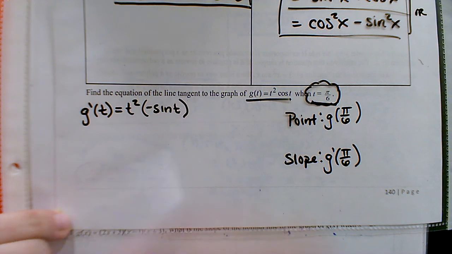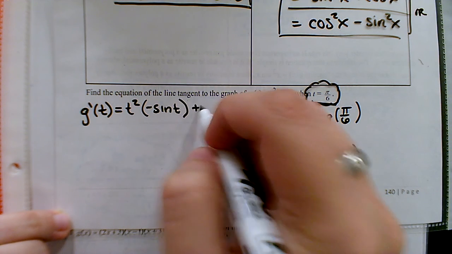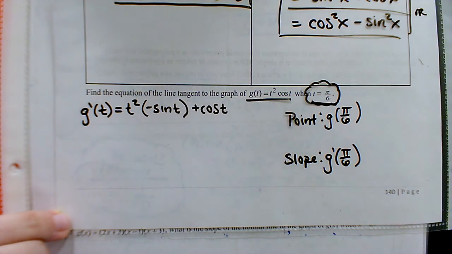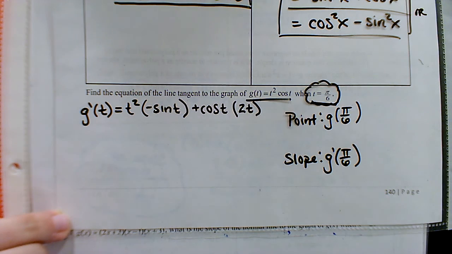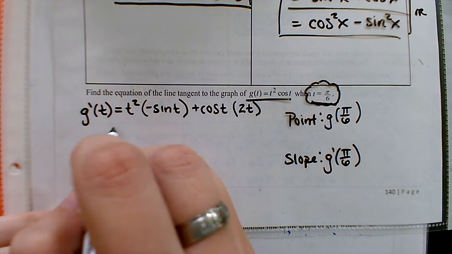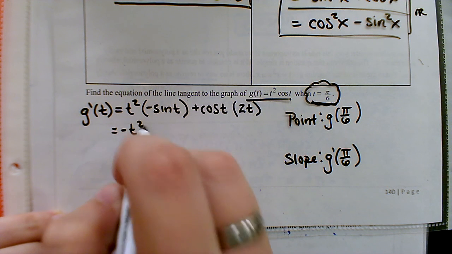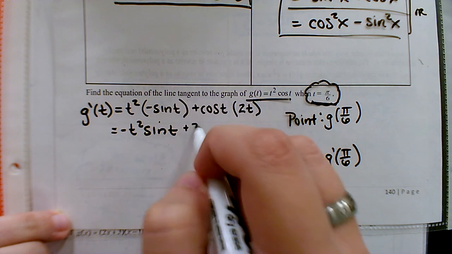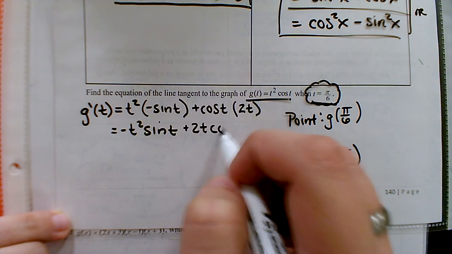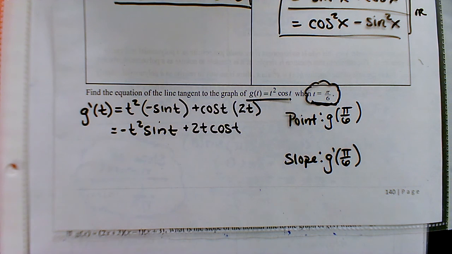We got negative sine. And then we need to add 2 times d1, which would just be 2t. So if we clean it up, we'll have negative t squared sine t plus 2t cosine t.